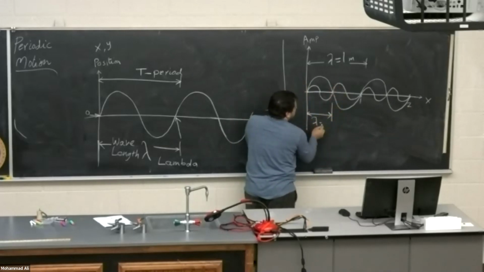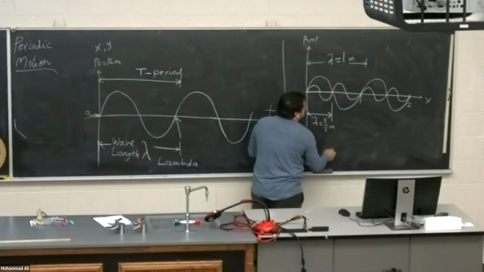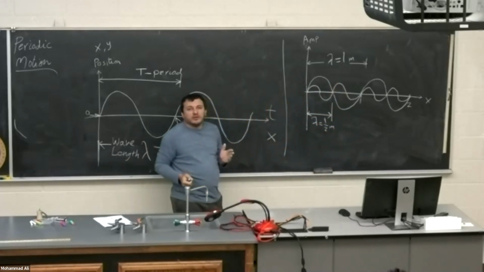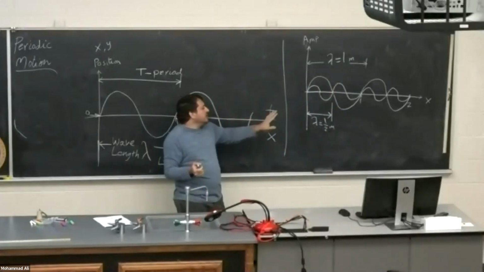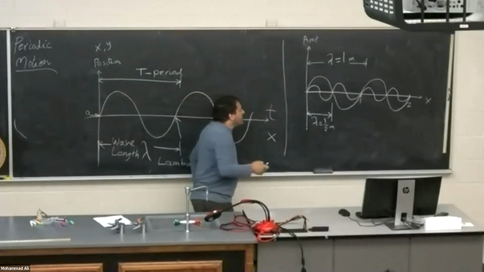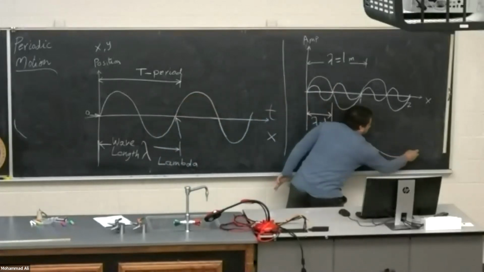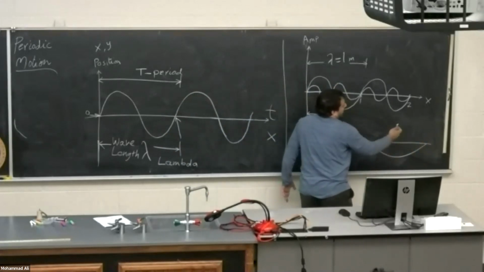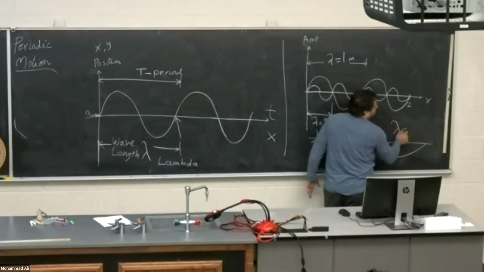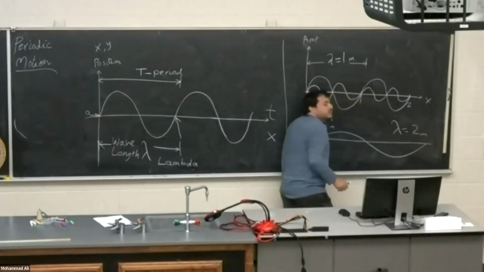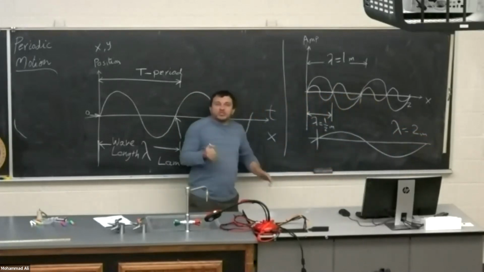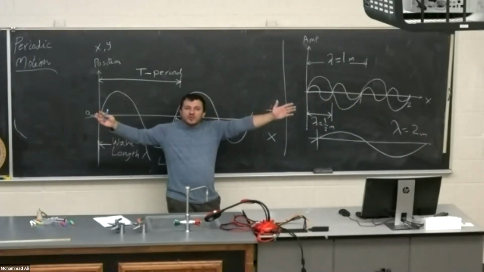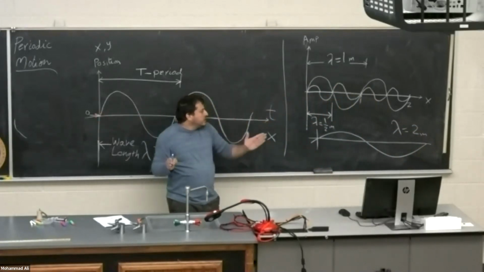This lambda is equal to 1 over 2 meters. It's a different wave and different properties for this wave. Maybe we will see this wave, for example. This wave, maybe it has lambda equal to 2 meters. Okay, so we have long waves, we have short waves, as you see here.